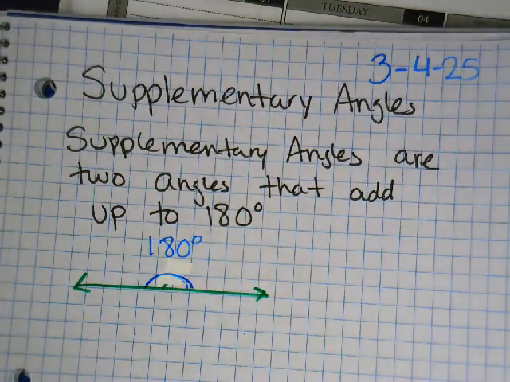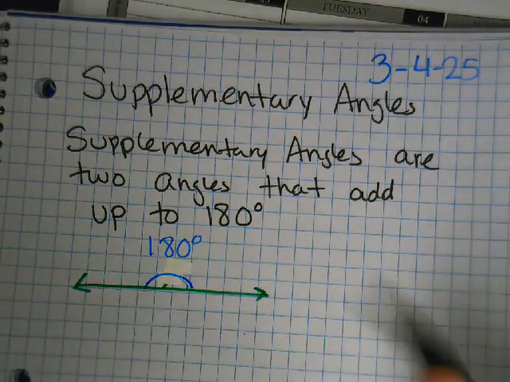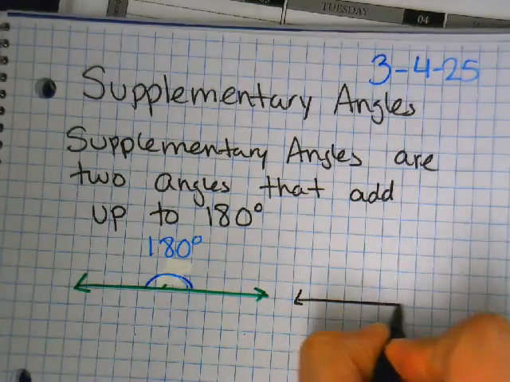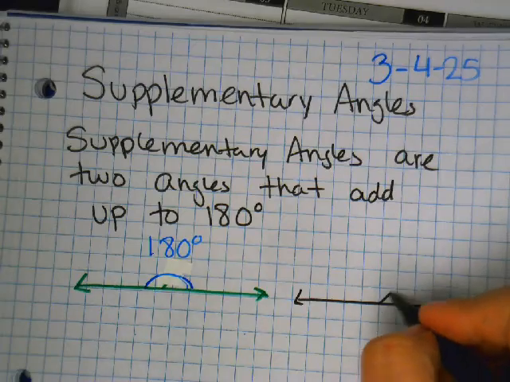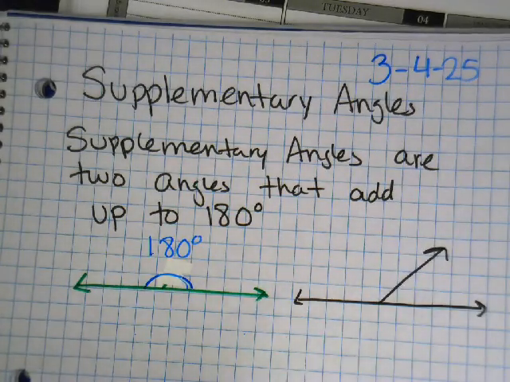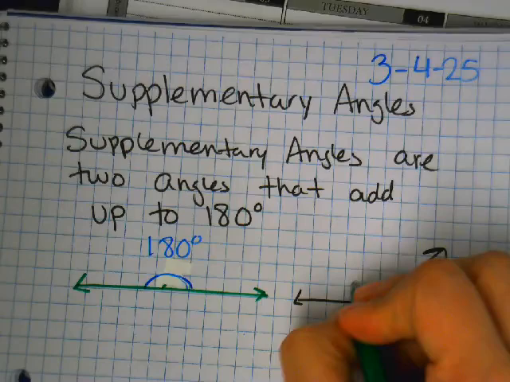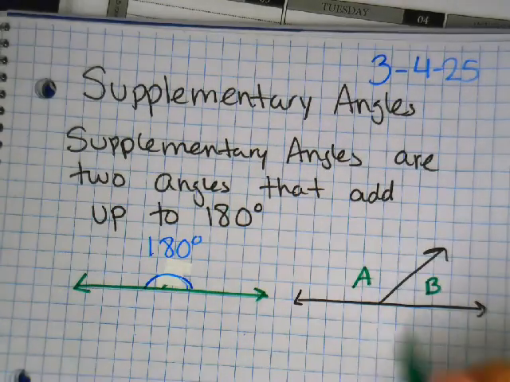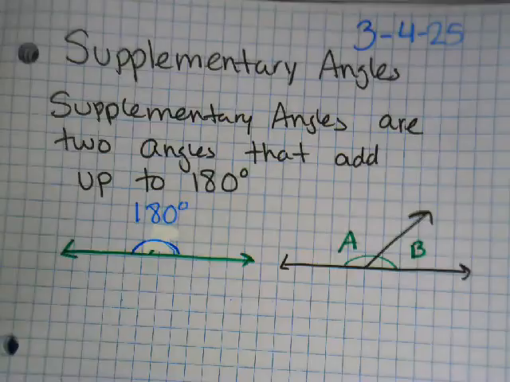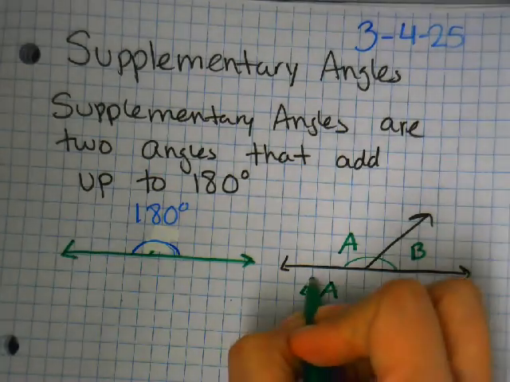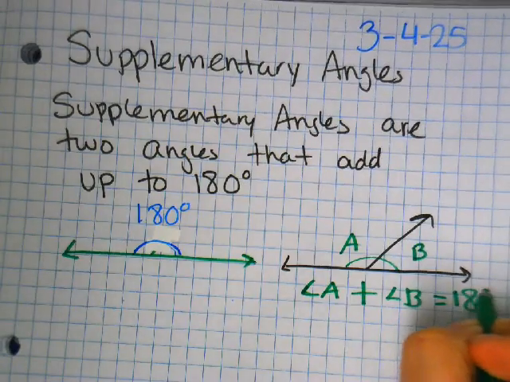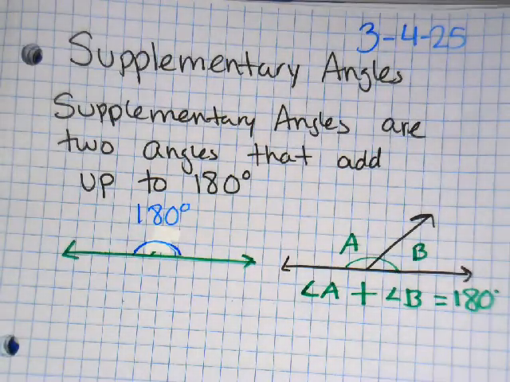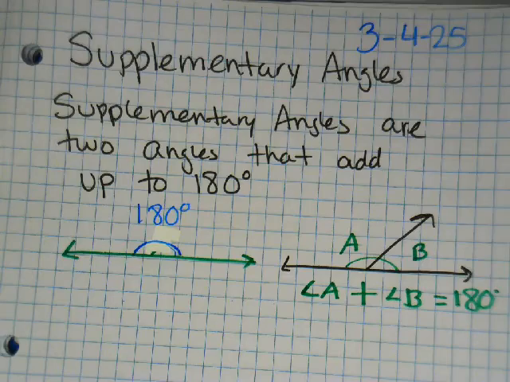Supplementary means 180 degrees, a straight line. So here's your straight line that equals 180, but now I'm going to divide it into two sections. Now I have angle A and angle B. Now I have two angles that equal 180. So angle A plus angle B has to equal 180.